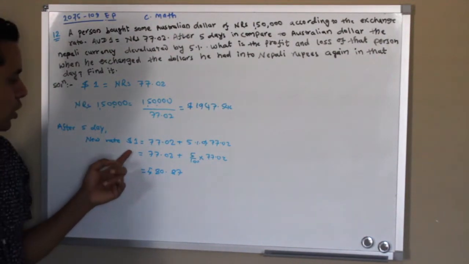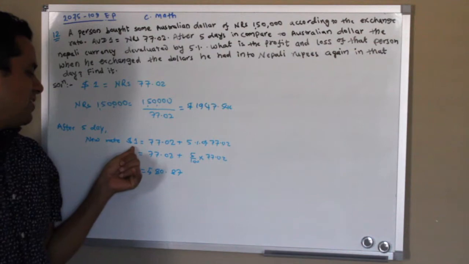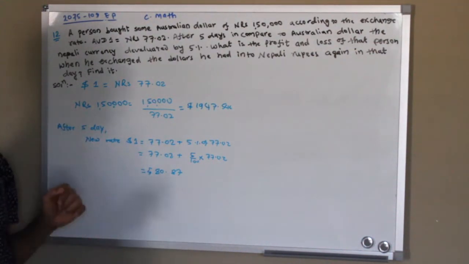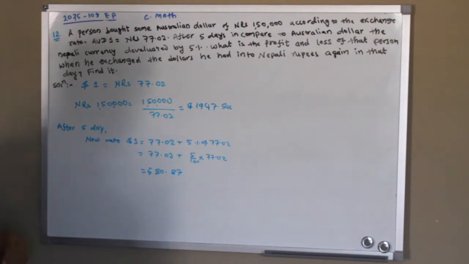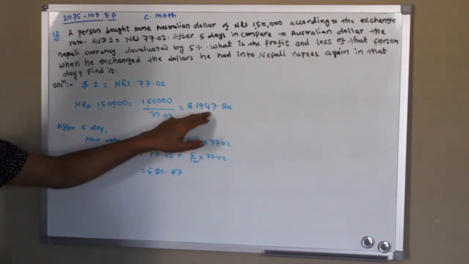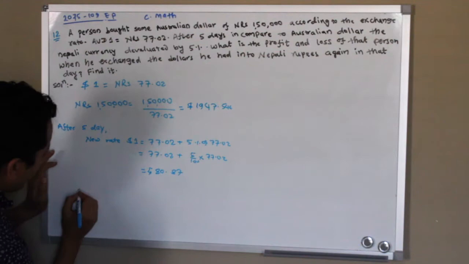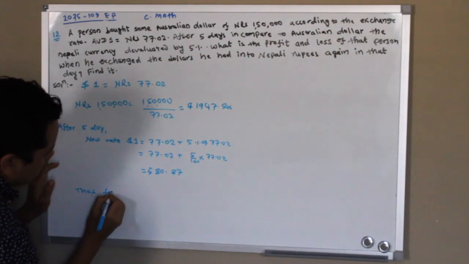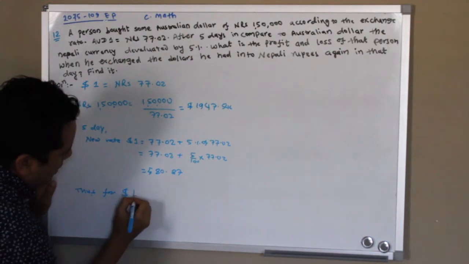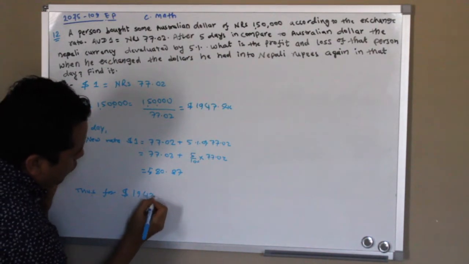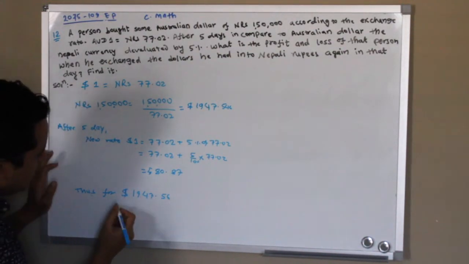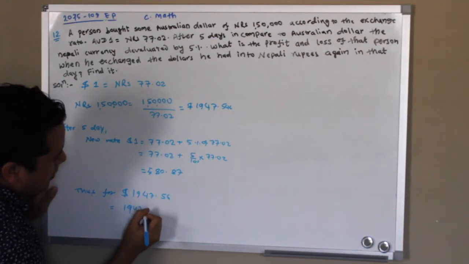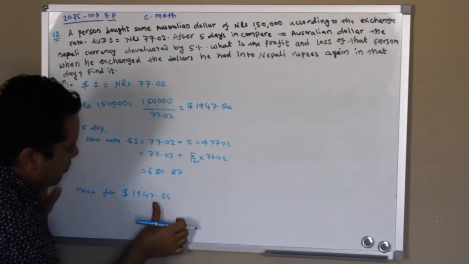Now, see, the dollar went up. For $1 you will get 80 rupees and 87 paisa. That means, out of this, how much are you making? For 1947.56, we have a new amount.